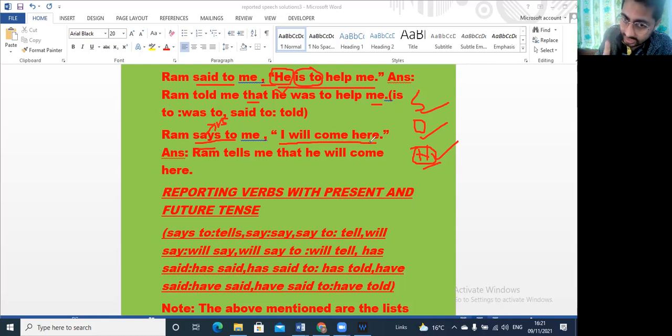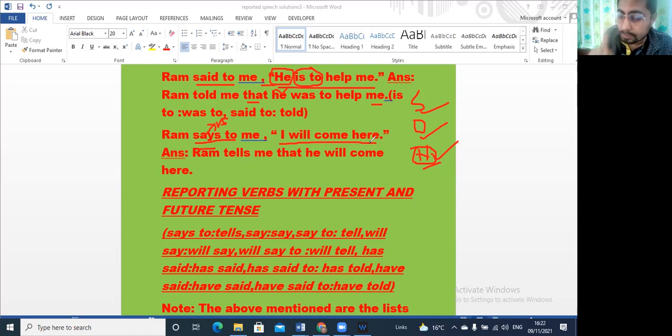Don't change the tense of reported statement. Don't change the adverbs of reported statement. But what you are allowed to change, you are permitted to change, is person. There is only change in person, no change in time adverbial or adverb of place, no change in tense also.